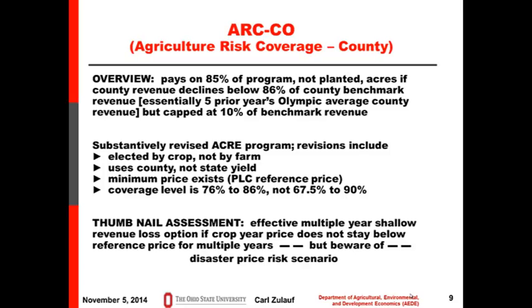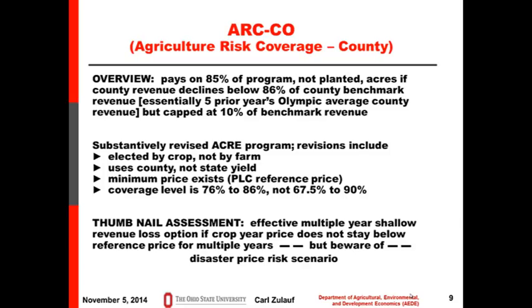Turning to ARC-CO, or the Agriculture Risk Coverage County Program, as with PLC, it pays on 85% of program planted acres, if the county revenue declines below 86% of the county benchmark revenue, which can be thought of in a simplistic way as the prior five-year Olympic average county revenue.